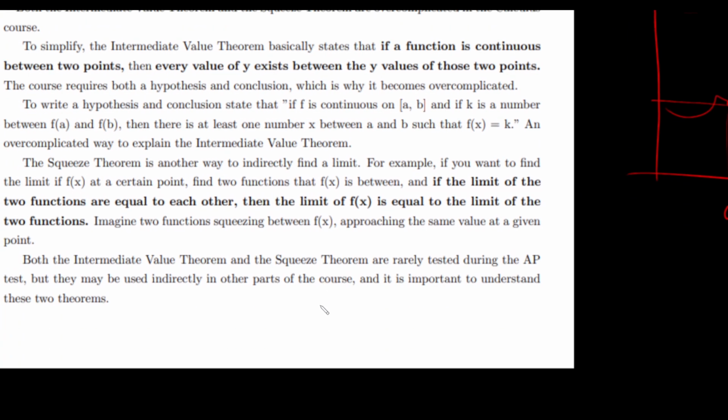Now, the squeeze theorem is just another way to indirectly find a limit. And it's basically saying you're trying to find the limit of f of x at one point. We're going to find two functions that f of x is between.